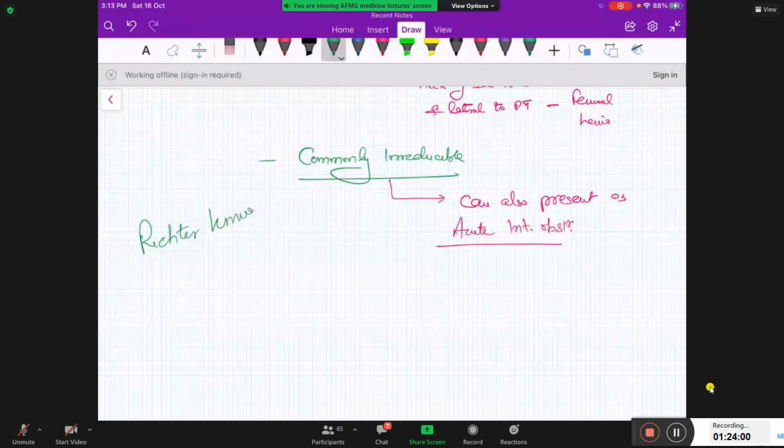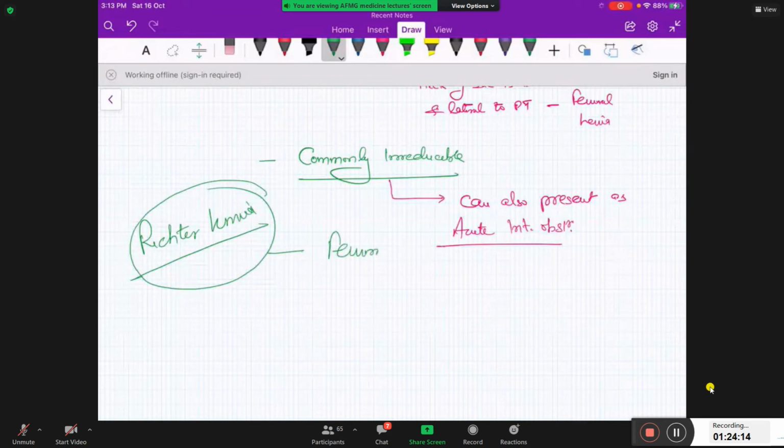What is Richter's hernia? Part of the circumference of the bowel is present in the hernial sac and it is gangrenous. Richter's type of hernia is commonly seen in femoral hernias.